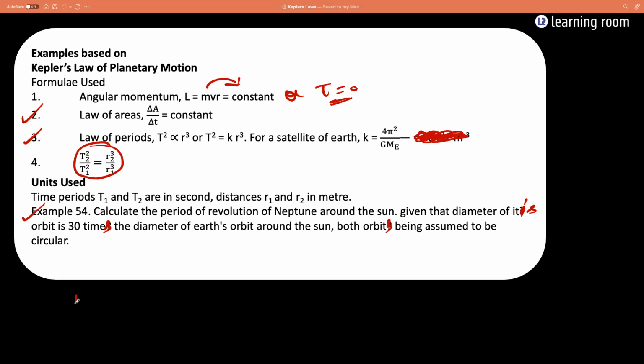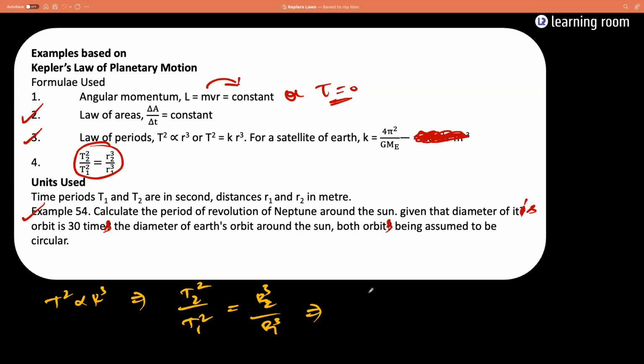Simple. What do we know? T square is directly proportional to R cube. Since it is proportional to R cube, can I say diameter cube also? Because I'll put 2R the whole cube, it's going to be the same. Right? So T2 square by T1 square is equal to R2 cube by R1 cube.